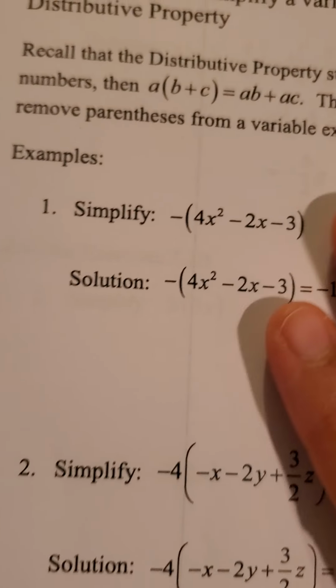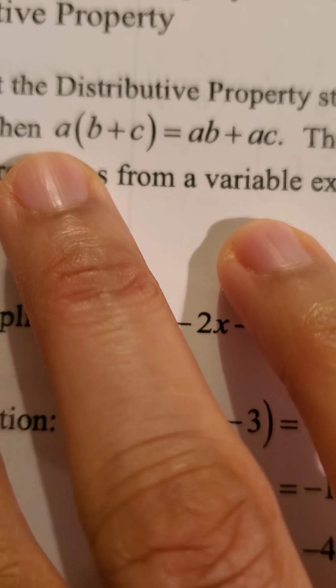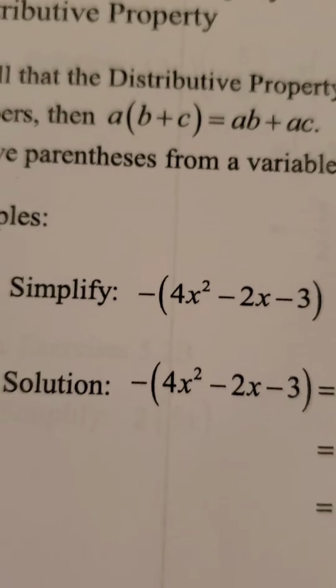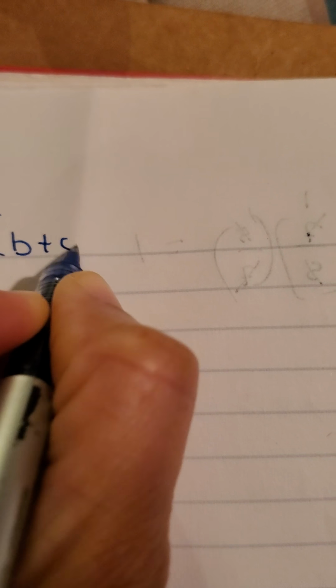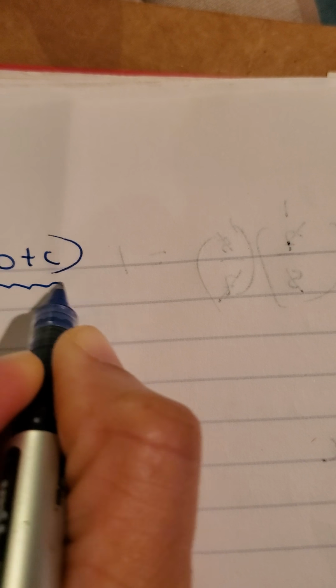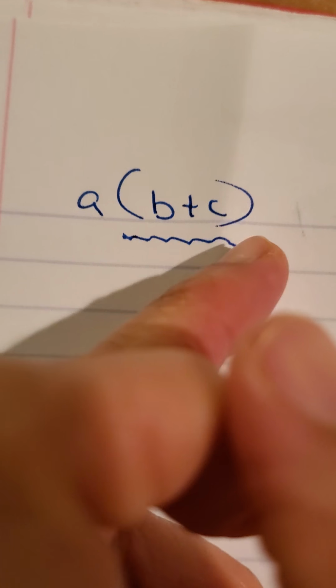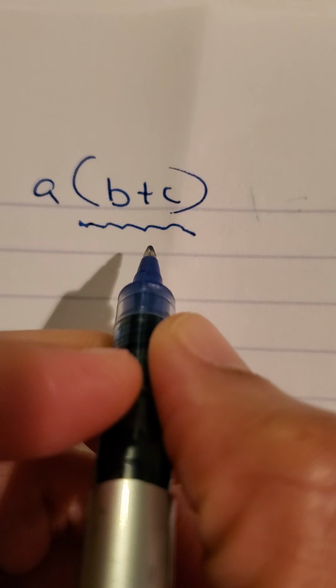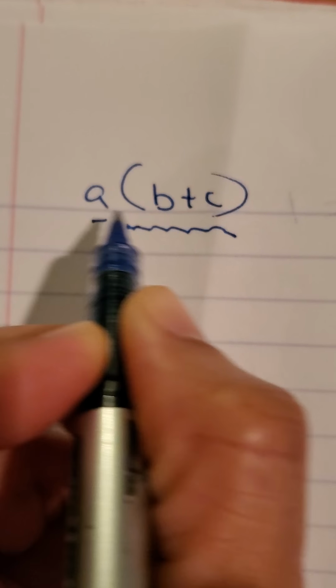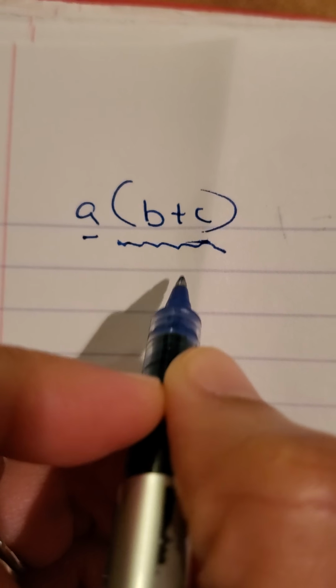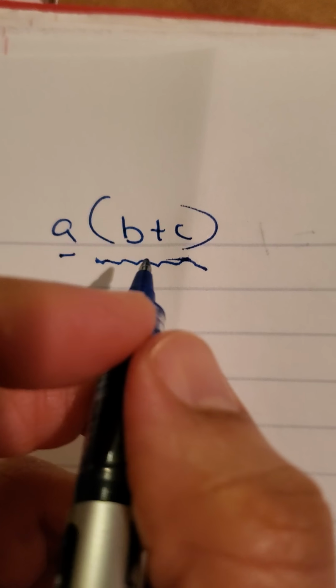So here the distributive property is saying anytime you have a factor times a group of terms, right? Whenever you have a factor times a group of terms, and remember this parentheses converts terms into factors, and that's why a multiplication operation is able to be used here, because we have a factor times another factor, which is a group of terms, and we call this the distributive property.